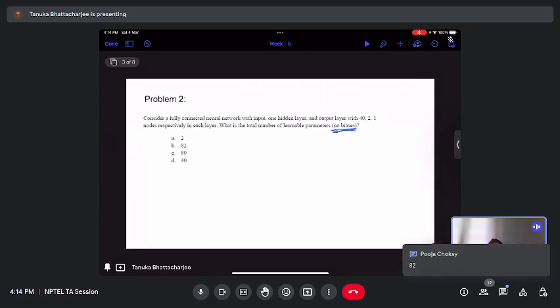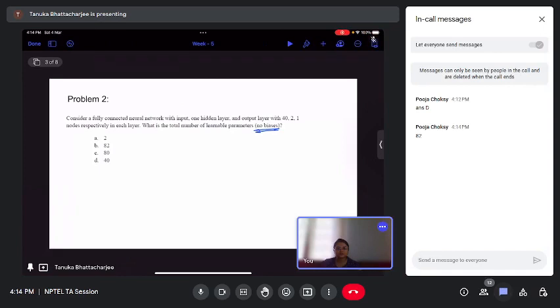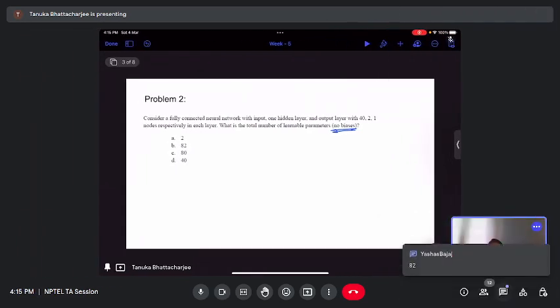Pooja is saying 82. Anyone else? Yashas also is saying 82. Yeah, you guys are of course correct. So, I will explain it for the others once.